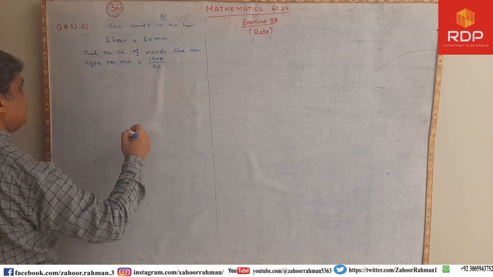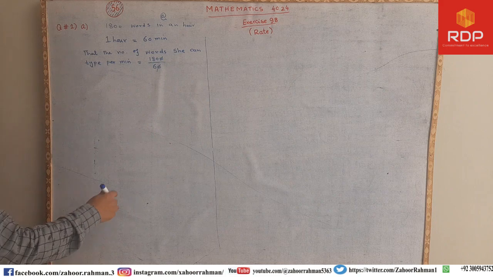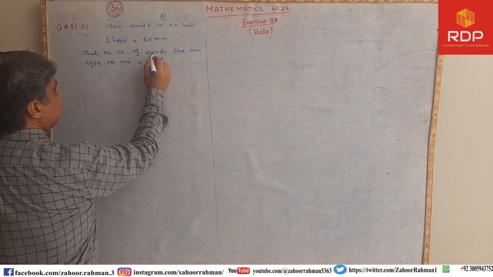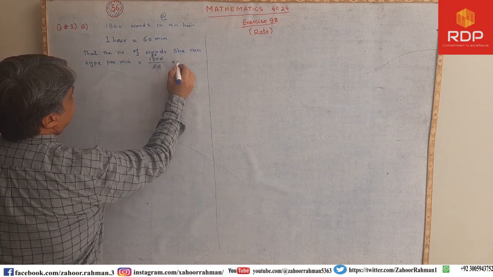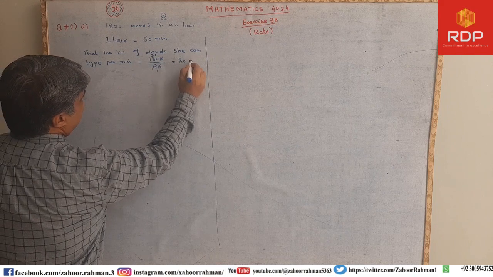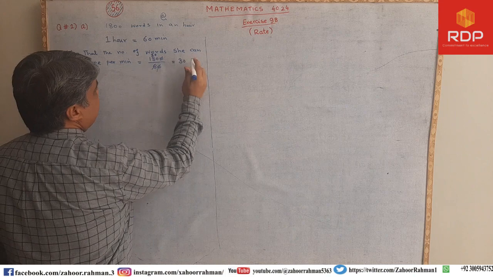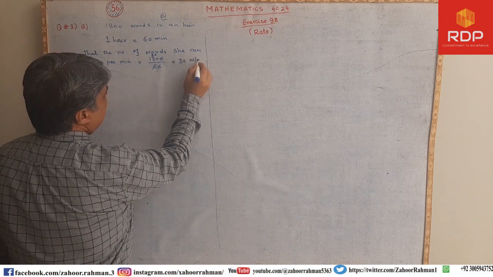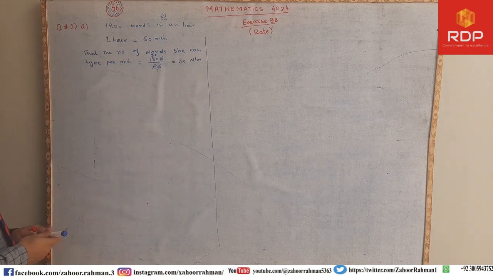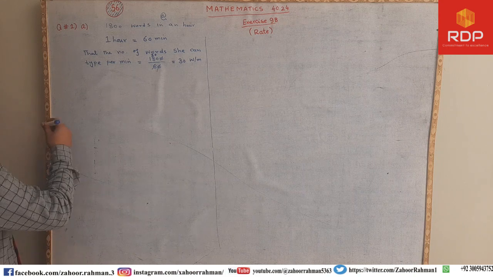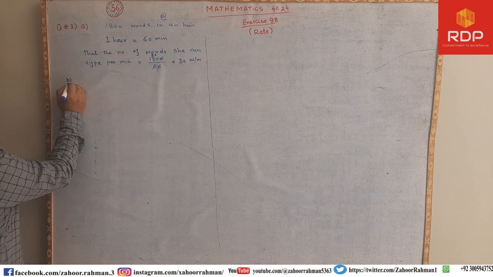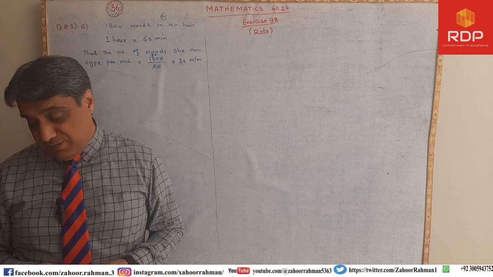So this 0 will be cancelled, and 6 threes are 18, so 30 words per minute. She is typing 30 words per minute. Very technically we can say she is typing at the rate of 30 words per minute. So that was part A, and now let us turn our focus to part B.